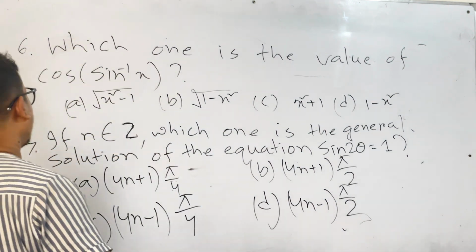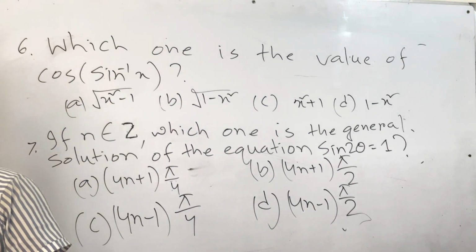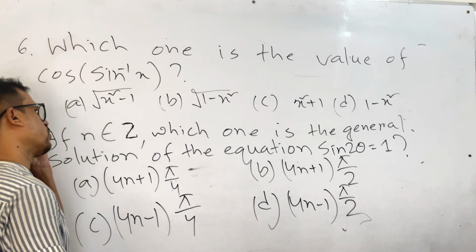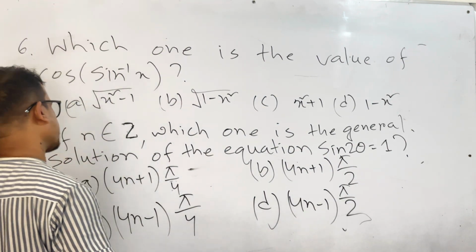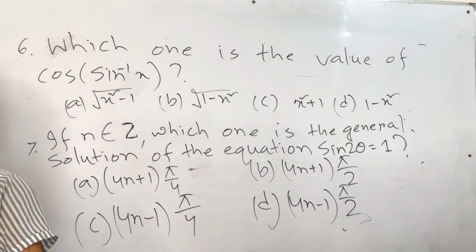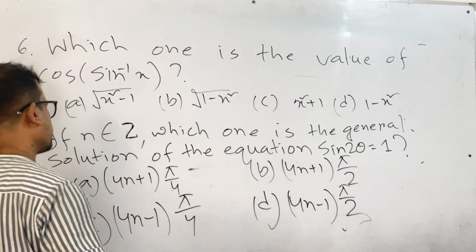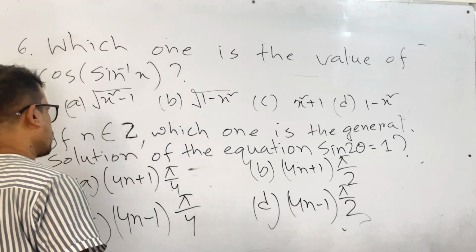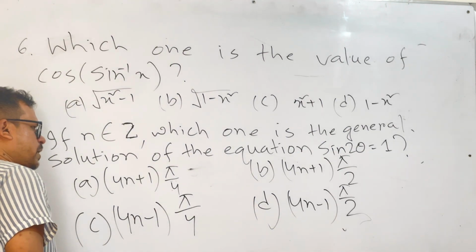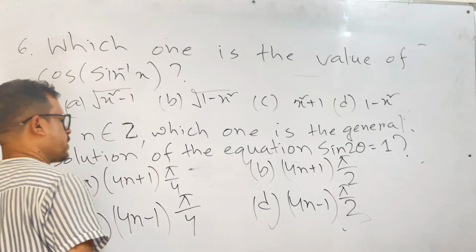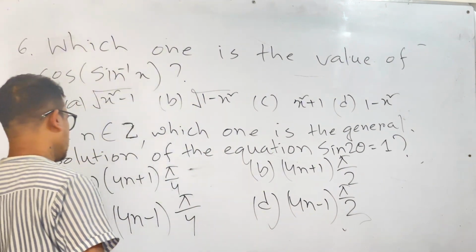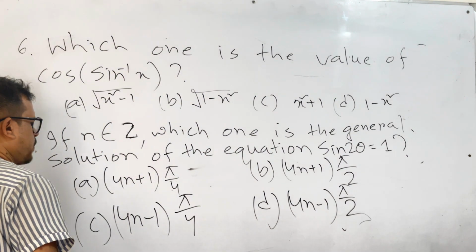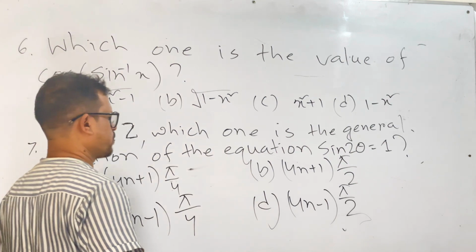If n belongs to Z, which one is the general solution of the equation sin 2 theta equal to 1?